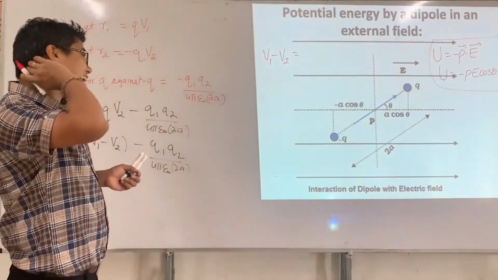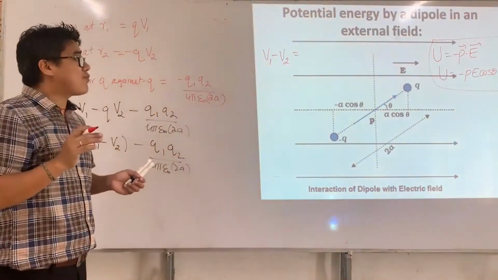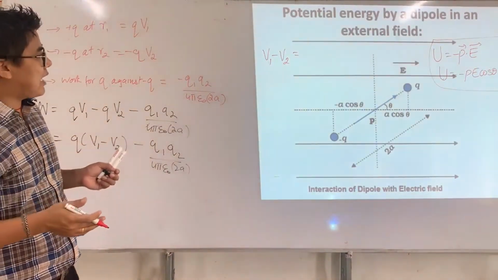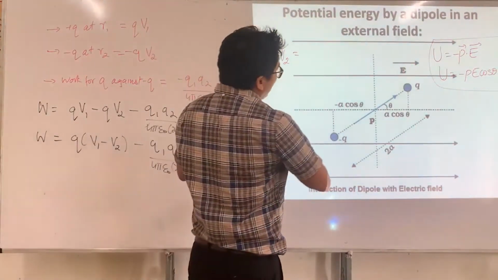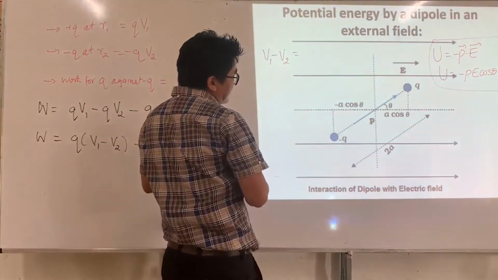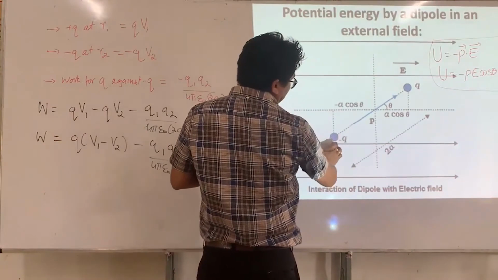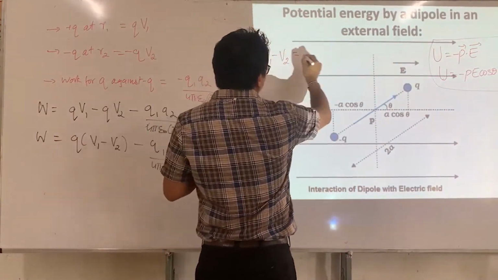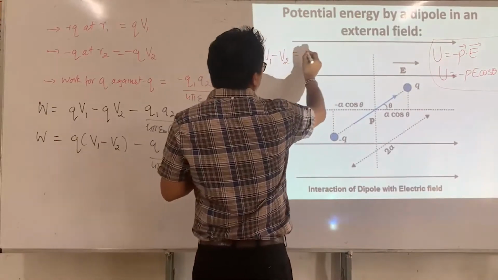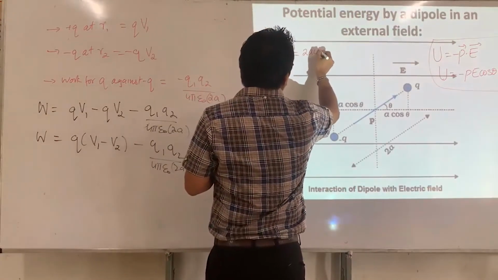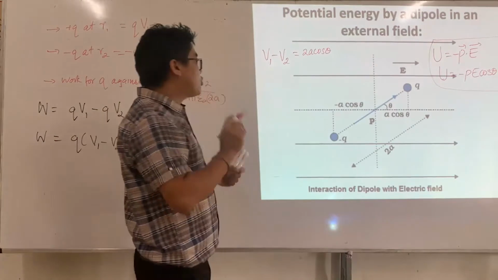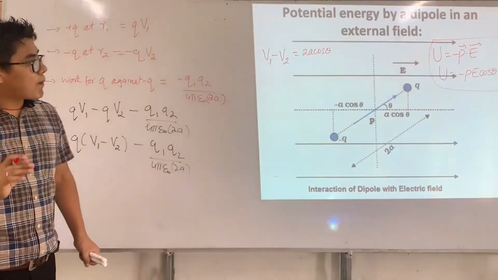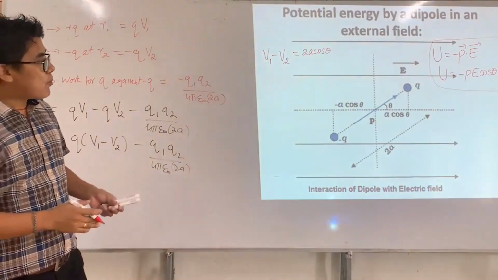The relationship between the potential difference and the electric field is such that, look here: what is the perpendicular distance? A cos theta plus A cos theta, so it is 2A cos theta, the perpendicular distance between two potentials.